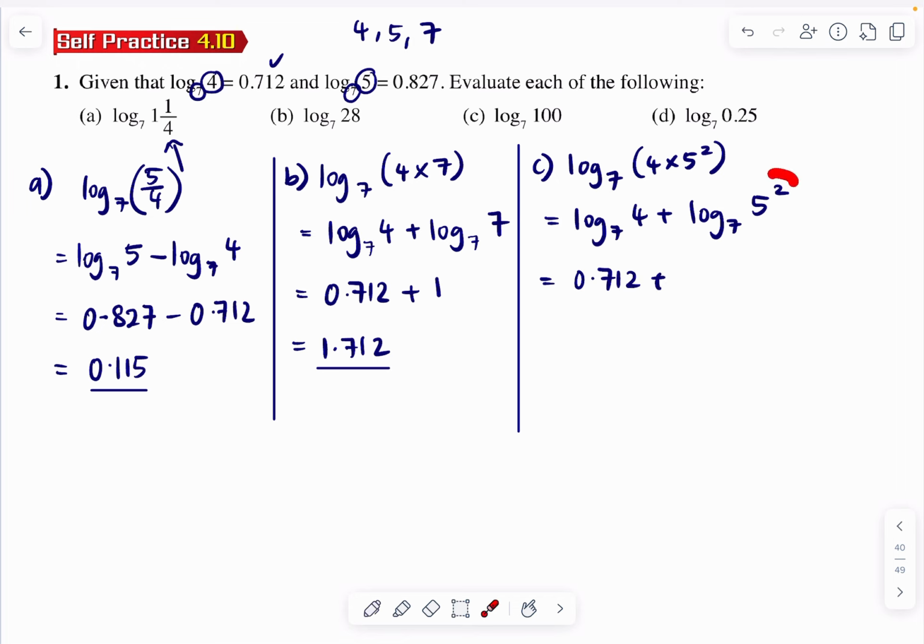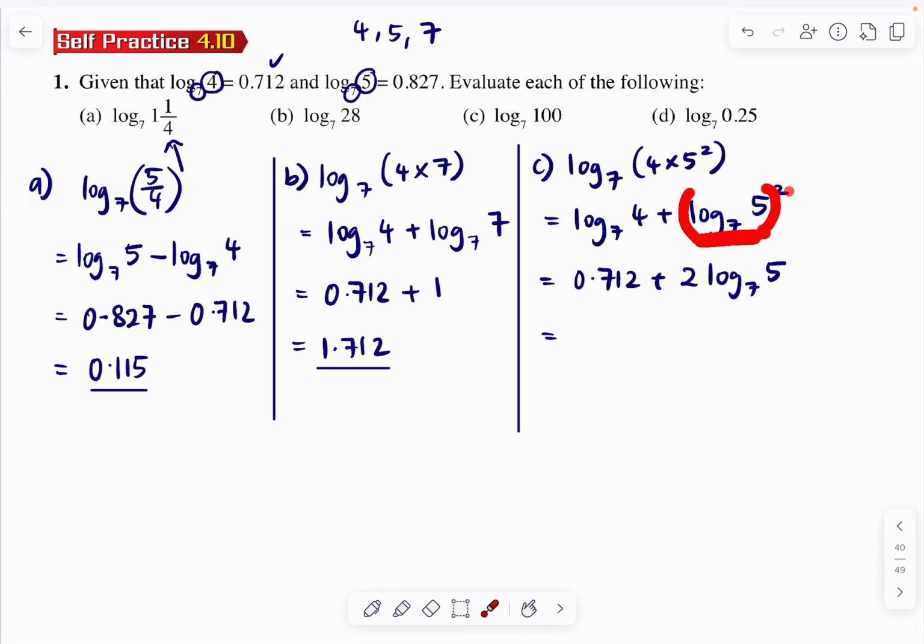This square, we have to bring it forward. So it will become 2 log 7 5. Okay, you have to bring it forward first. Then only we substitute the log 7 5 into here. If you just substitute it here without bringing it forward, you won't get the answer. Because this square only belongs to the 5. If they say the whole thing with the bracket squared, then we can sub the value here.